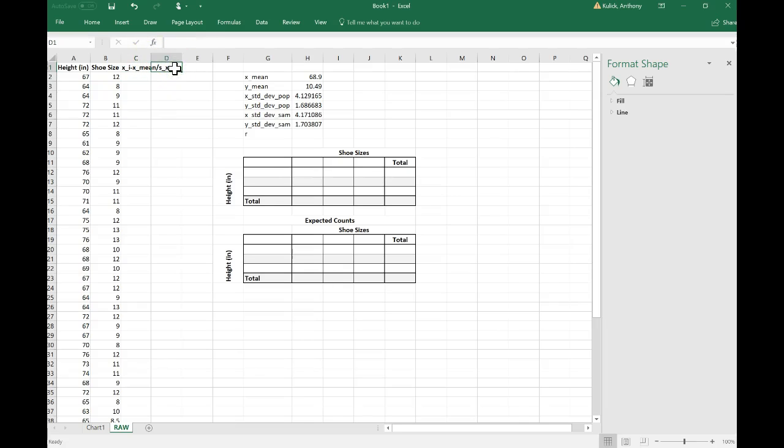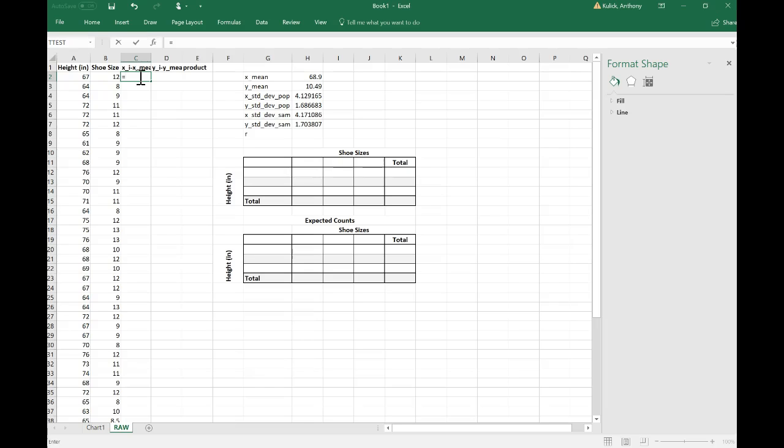And then we'll have yi minus y mean divided by sy, and then we'll have the product here of them. Remember, this is just how we calculated the standard deviation.